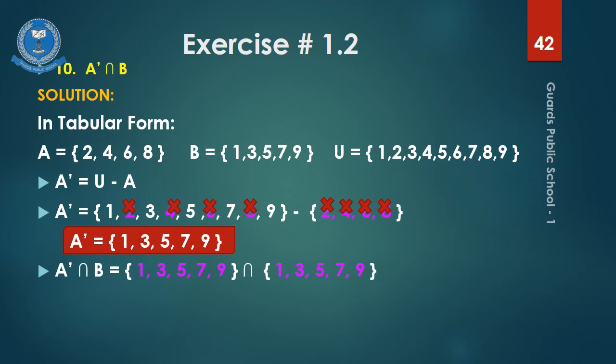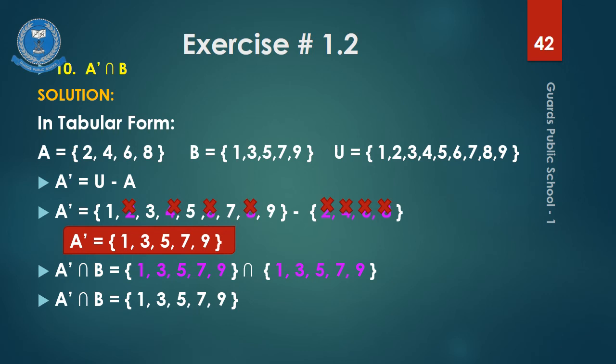Intersection means the common members between these two sets, and here the two equal sets are given. So intersection is equal to 1, 3, 5, 7, 9, because all digits are common between these two sets. And A complement intersection B is equal to 1, 3, 5, 7, 9.